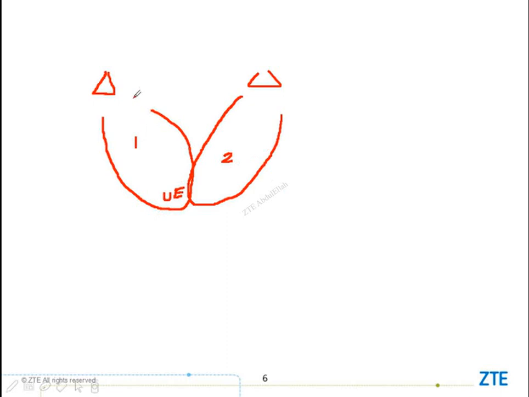So the UE traffic signal is from cell 1. So this is the cell 1 useful signal. And because the UE is also close to cell 2, the UE can also receive the signal of cell 2. But this signal for that UE is not a useful signal. It's the interference.